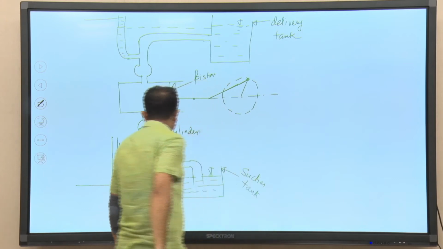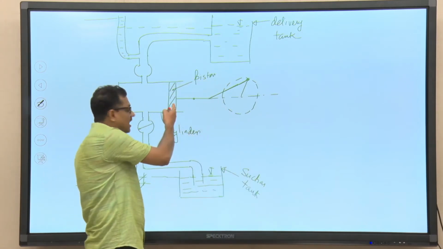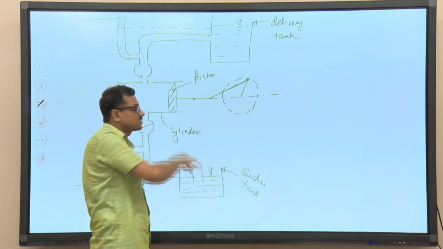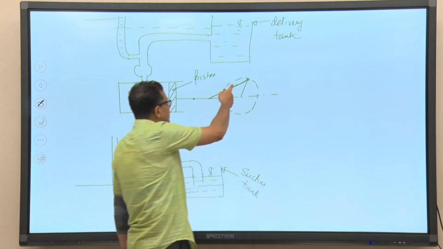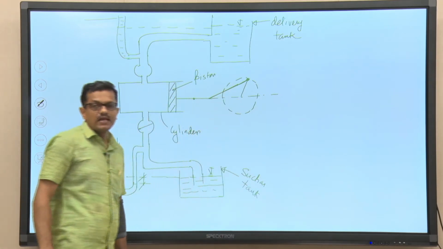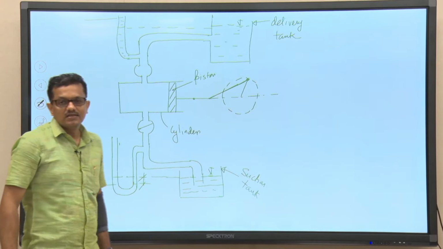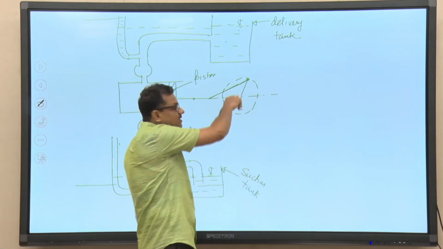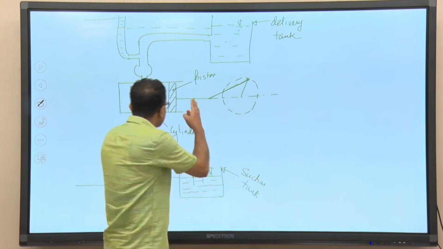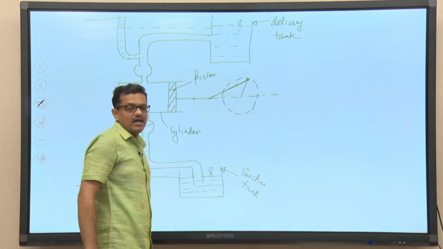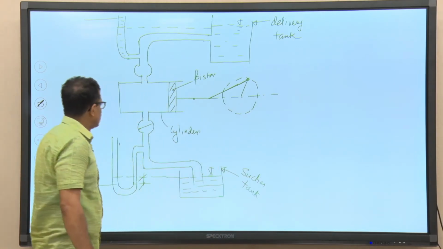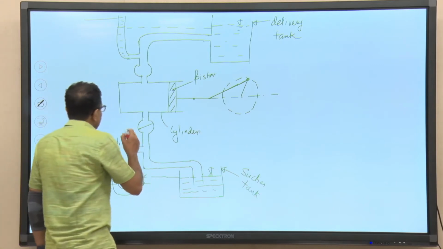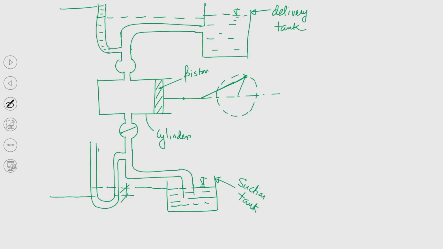And to have this reciprocating motion of the piston, we have another mechanical element, that is the crank and connecting rod mechanism. So, depending on the speed of the crank, the whole cycle will be repeated. Now, the piston will have movement between two stops.